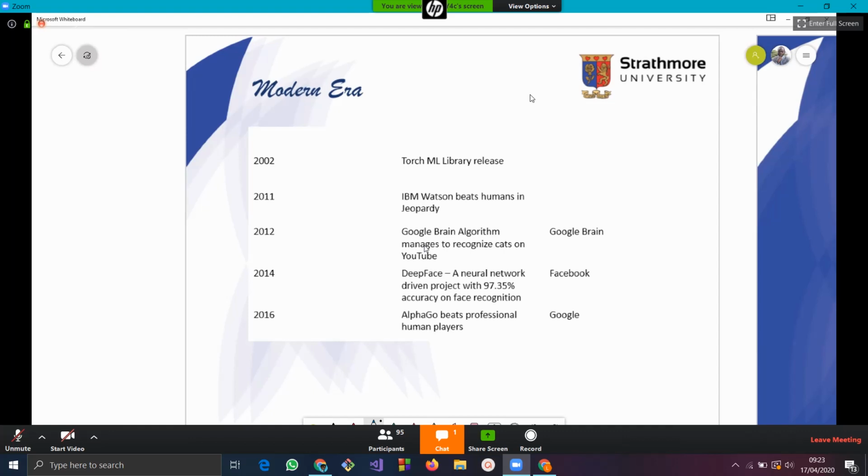Then Google Brain managed to do something in 2012: an algorithm able to recognize cats on YouTube. It might sound funny and silly, but this is not easy. Computer vision is one of the most difficult areas of AI. In 2014, Facebook published their work on DeepFace, which is facial recognition software.